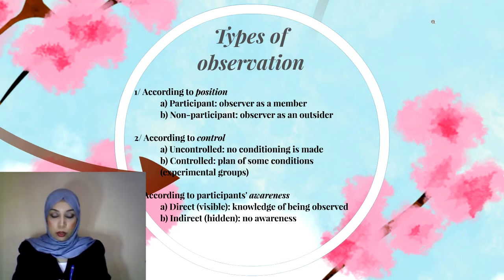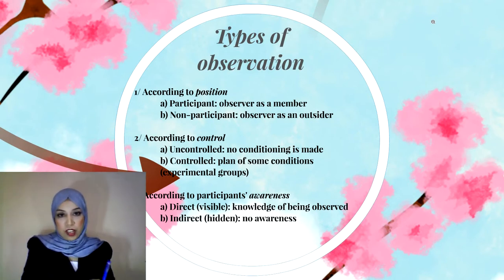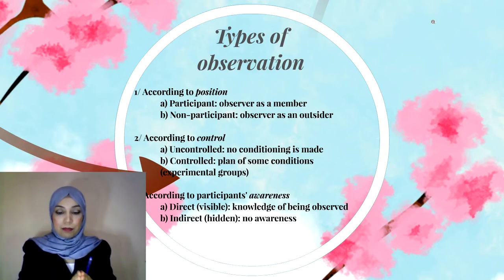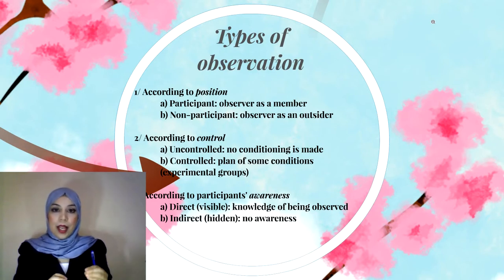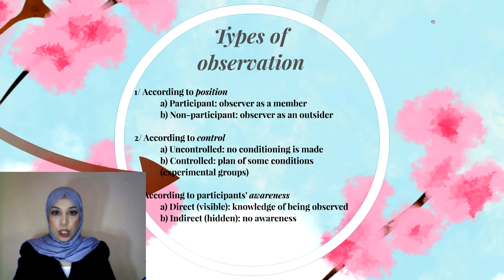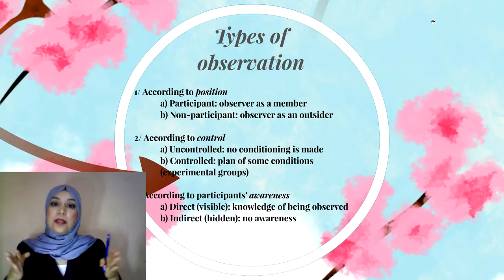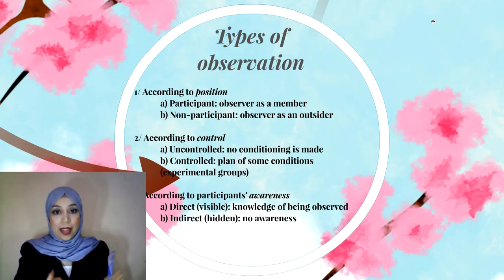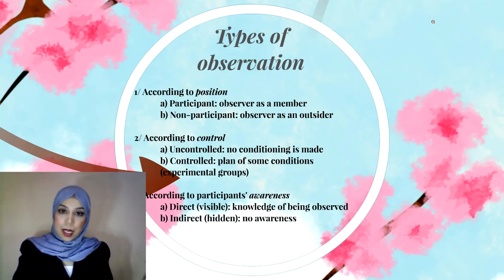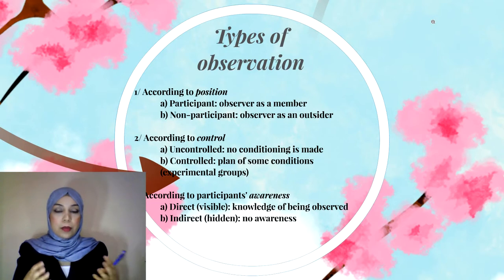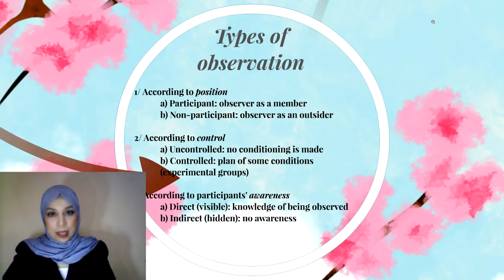As opposed to that, direct observation or visible observation is the one that entails the researcher telling and informing the participants that they are under investigation and their behavior is observed, which means that the researcher is visible.